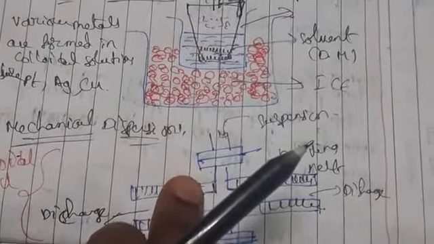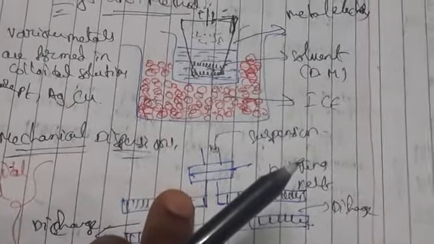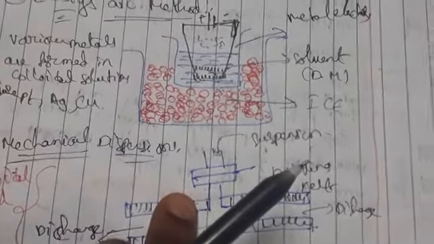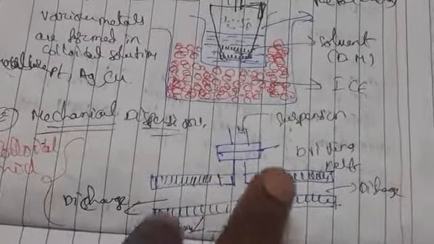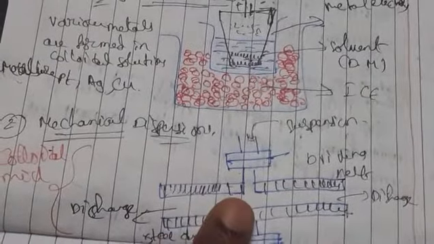For example, if you take any powder, that powder is added to the water. You shake it, you will be getting one type of liquid, means suspension. This suspension is added to the colloidal mill, okay.